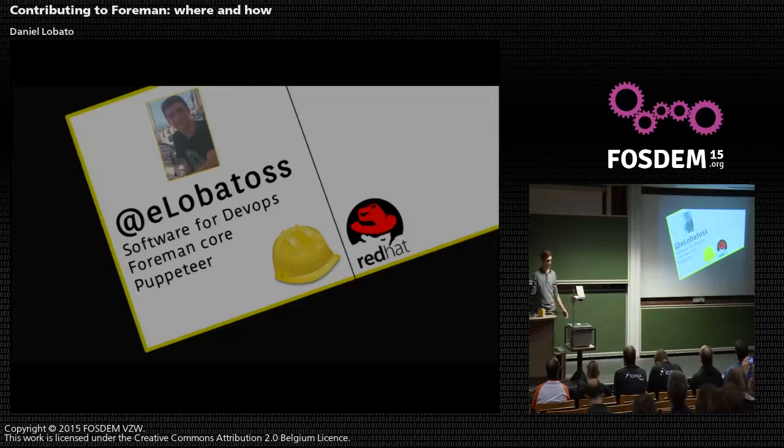My work these days is mostly on Foreman core and Foreman Docker, which is a plugin that we're trying to make so that you can use containers and manage them and manage private registries. And the Puppet part, I guess it's because I prefer Puppet to other configuration management solutions.